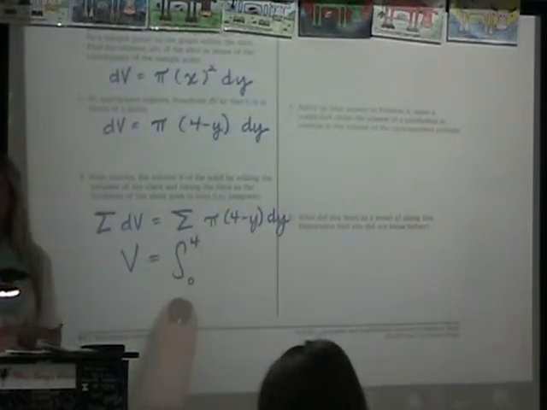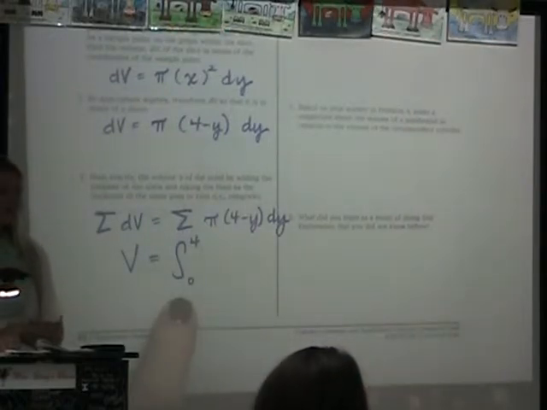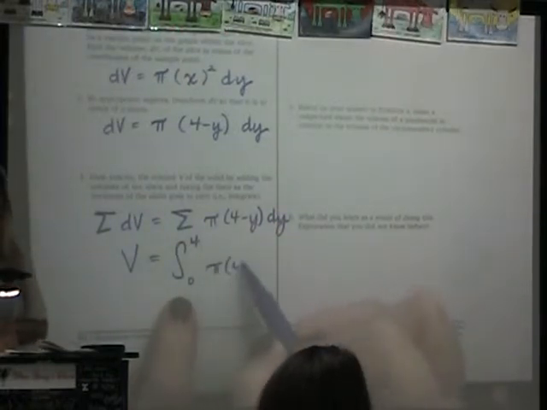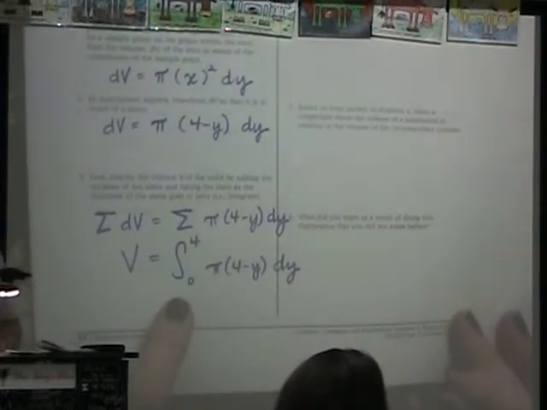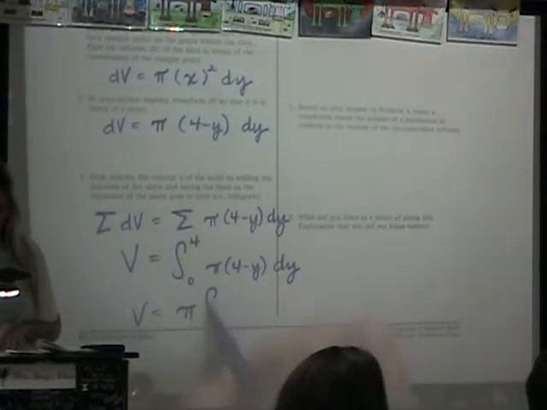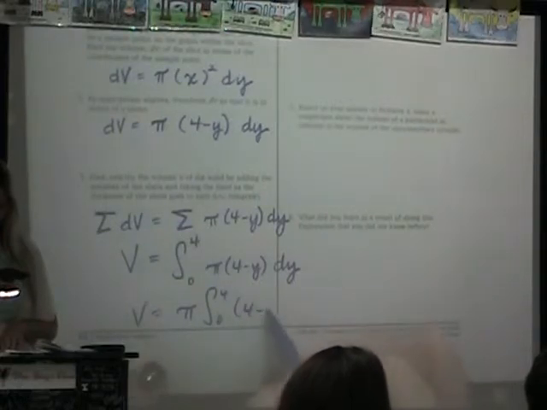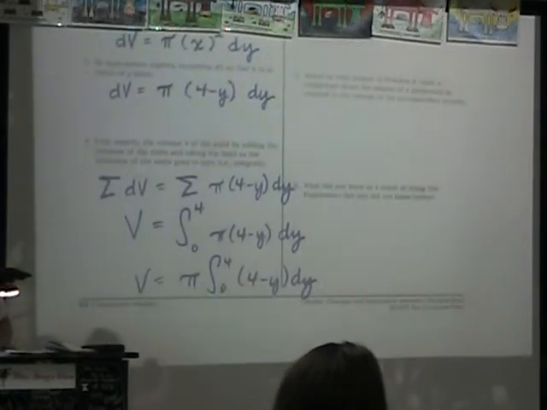Because I'm integrating dy, I have to use y values. If we were integrating dx, I would have used 0 to 2, the x values. But I'm integrating dy, so I use the y values: pi times 4 minus y dy. And then I can pull my pi out, integrate from 0 to 4, 4 minus y dy. And that will give me the volume of that solid.